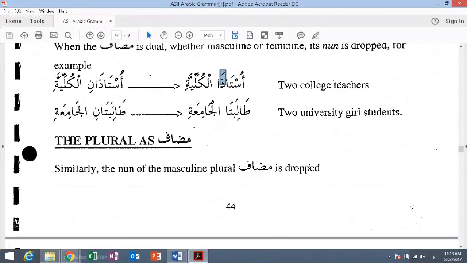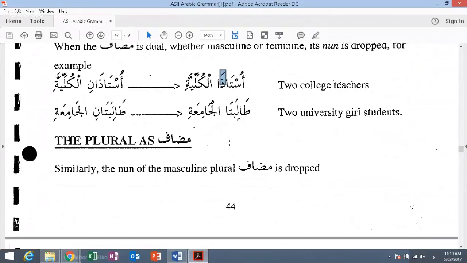I think there will be a little stretch. So see, if I say laqaytu Ustad al-Kulliyati straight away, without this alif, you can recognize, oh, the Sheikh means that he met one teacher. But if I say laqaytu Ustad with a little stretch, Ustad al-Kulliyati, oh, I mean two.